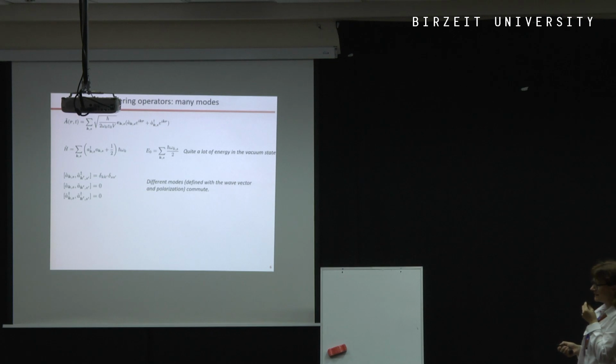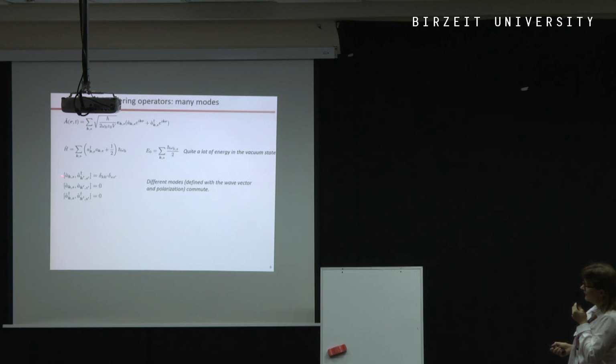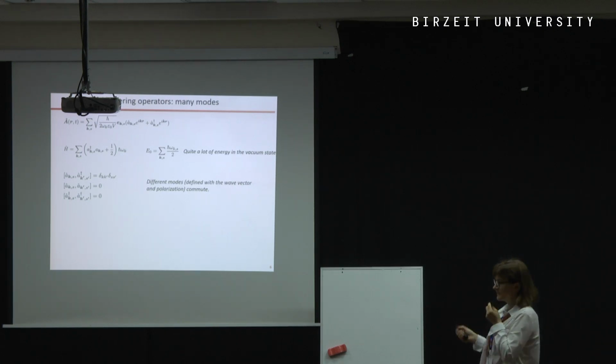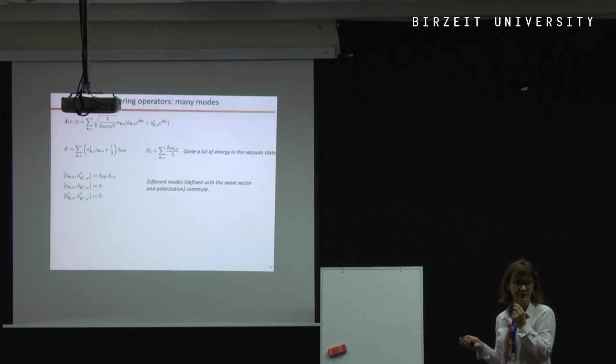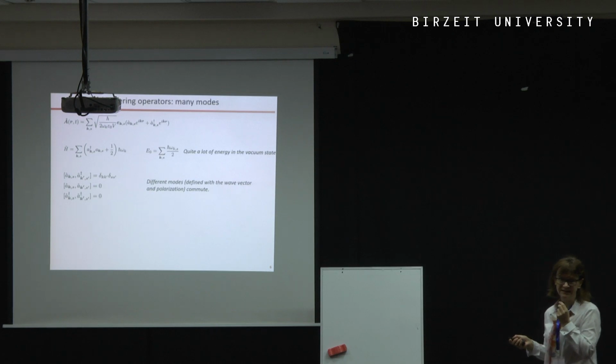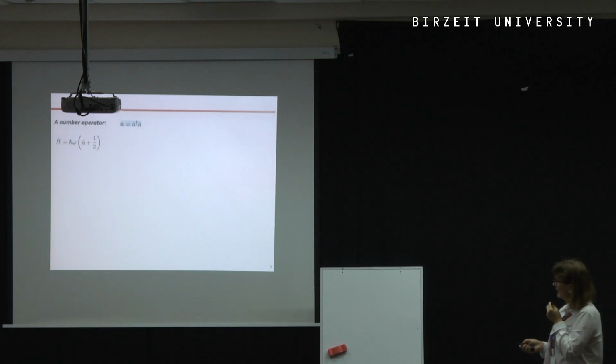And here I'm repeating some of our commutation relations, and in particular, I would like you to have a look at this one. The lowering and raising operator don't commute only for the same mode of radiation. And I'm saying it because later on I would like to use these rules to show you how strange light is when we are actually working with quantum states of them.